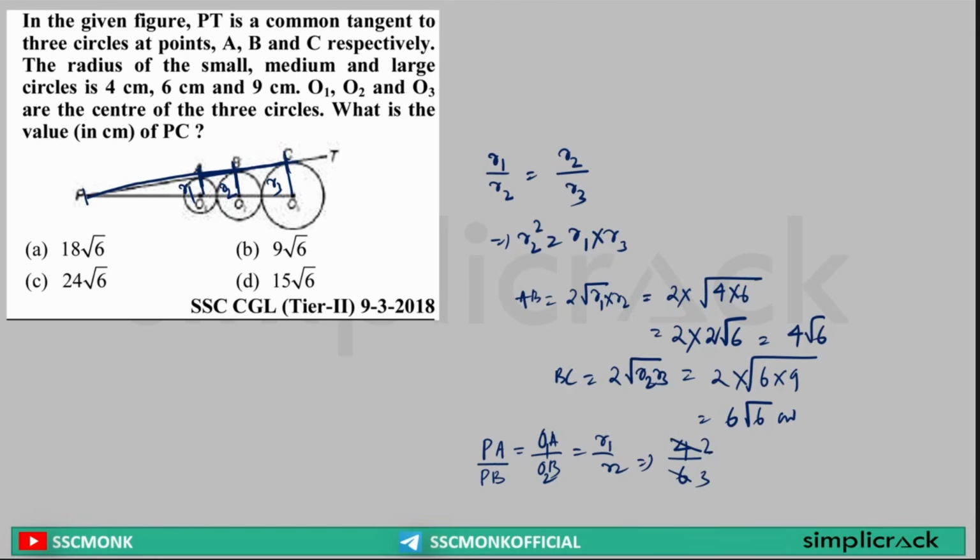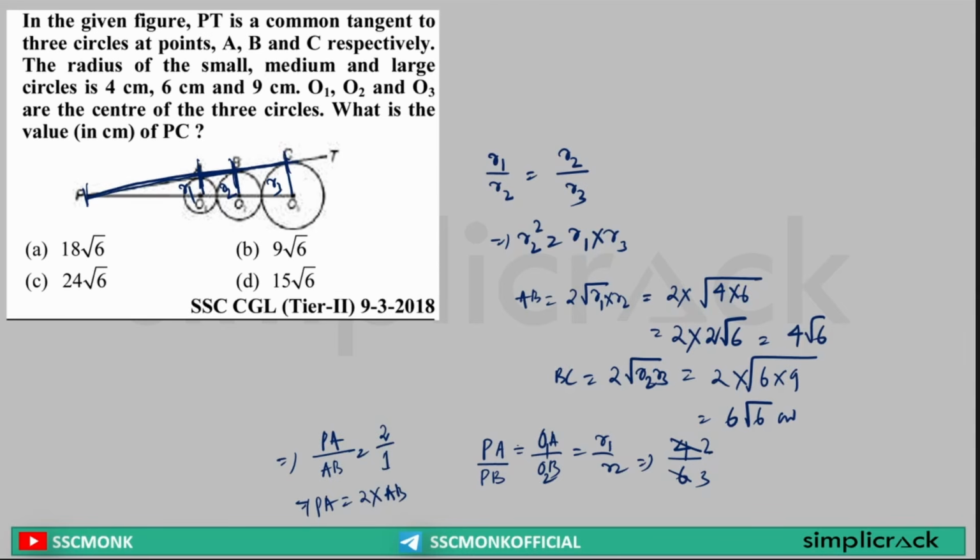Now see, I will simply tell you a logic. Understand this. Here PA is 2, PB is 3. PB is what? PA plus AB. Yes or no? Yes. That means I can write PA by AB is equal to 2 is to 1. Clear? Or I can write PA is equal to 2 into AB.